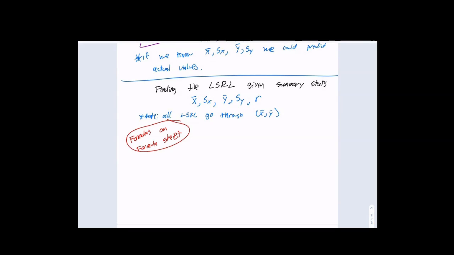It says that predicted y equals a plus bx. So this just tells you that the formula for a least squares regression line should be written as a plus bx, where a represents what?